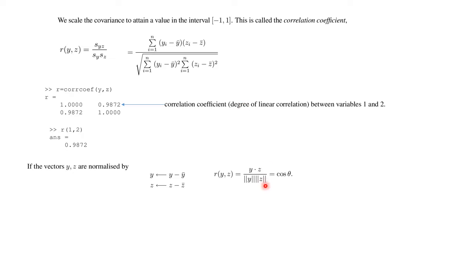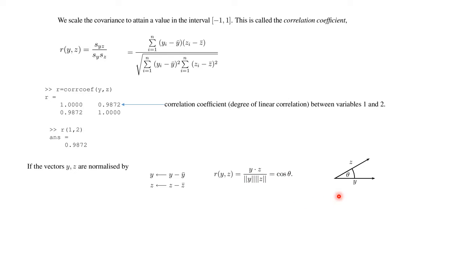Then this becomes just y and z here, squared each. And those then, that's the norm of the y vector, because we've got the square root here, and the norm of the z vector. And that might ring a bell. With our cosine formula, that's just the cosine of the angle between the vectors y and z.